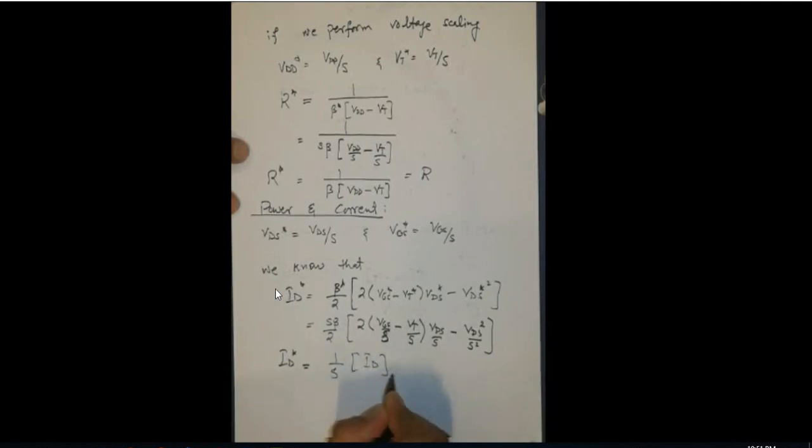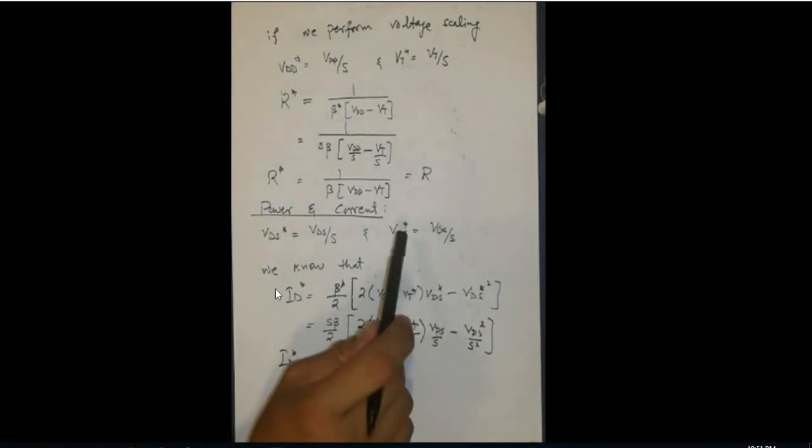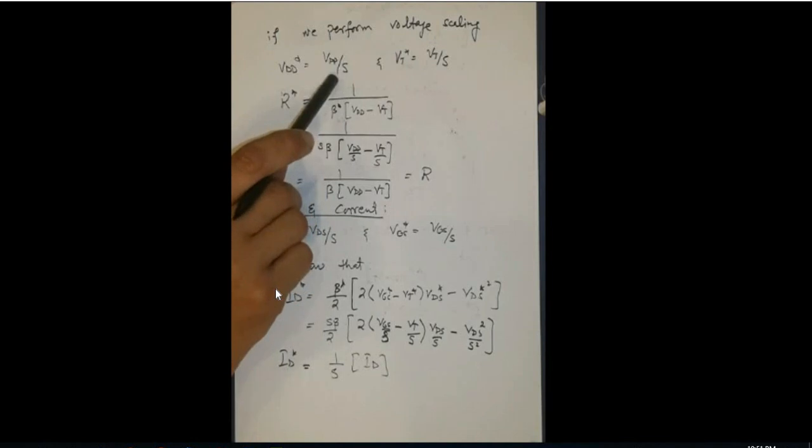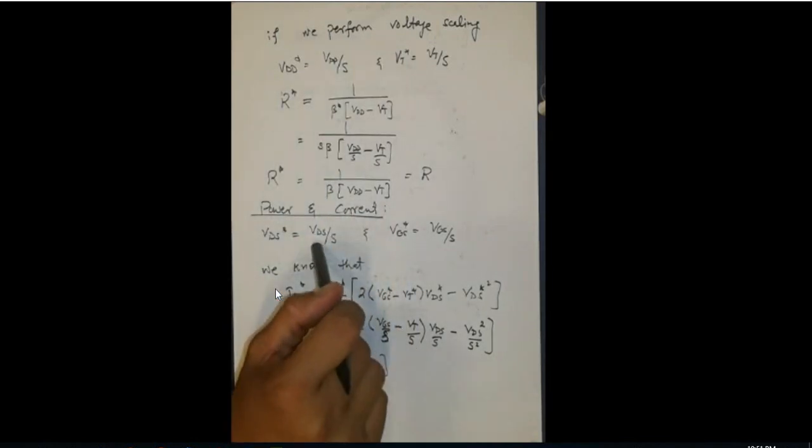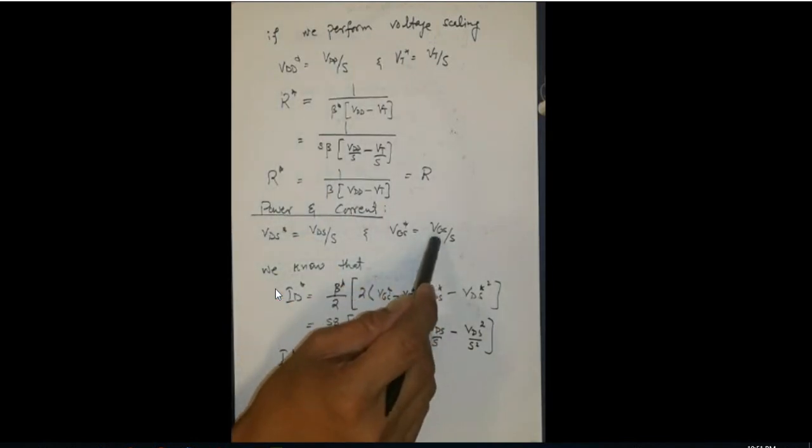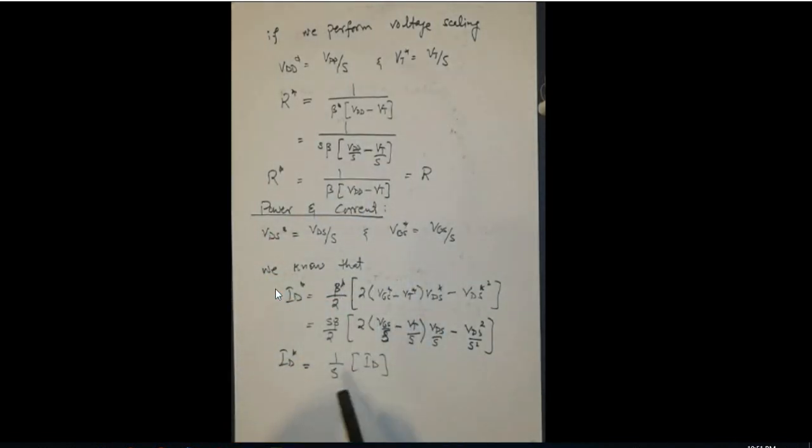It means that whenever we reduce our voltages, like we have reduced our VDD, our VDS and obviously the gate source voltage, then the current is reduced with a factor of S.